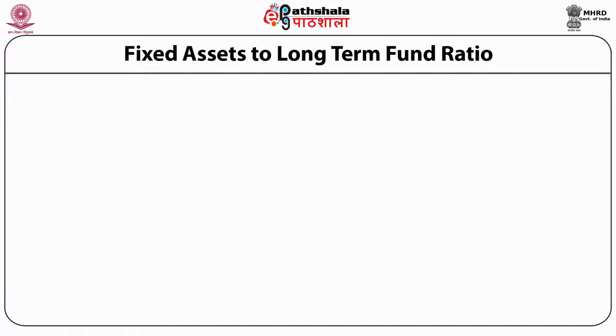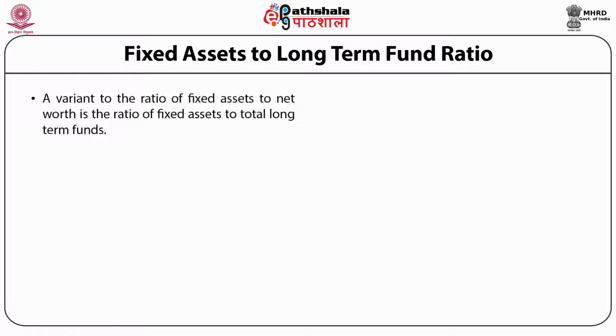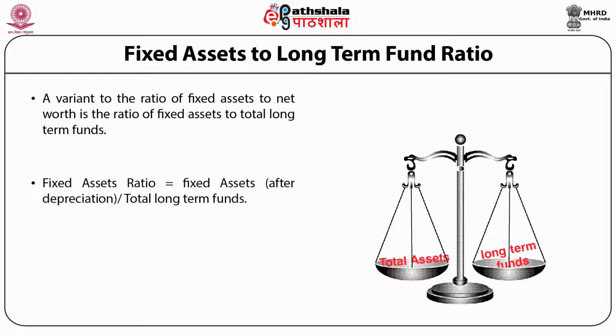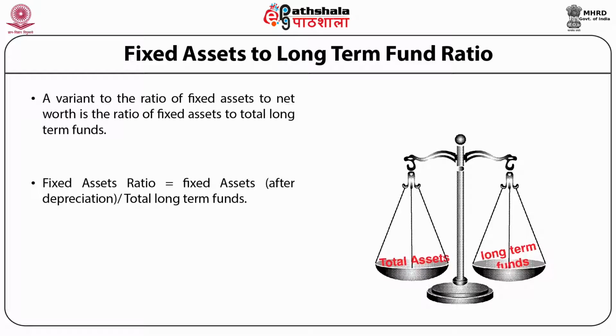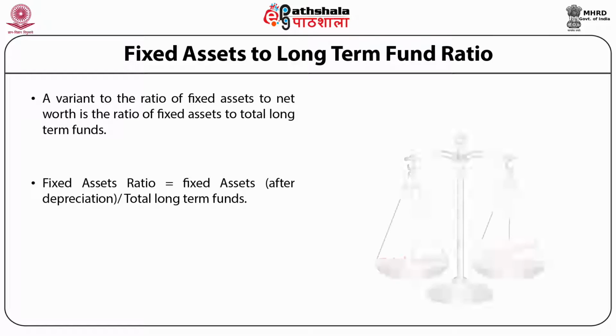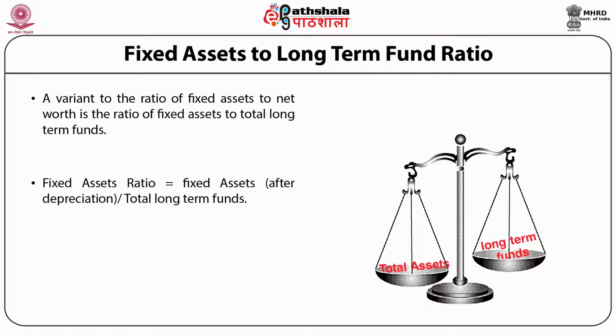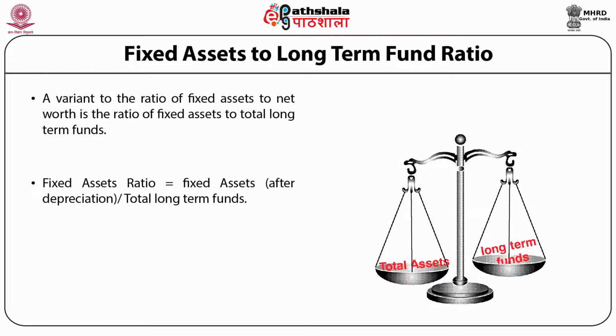Next ratio is fixed assets to long-term fund ratio. A variant to the ratio of fixed assets to net worth is the ratio of fixed assets to total long-term funds. Fixed asset ratio can be calculated by dividing fixed assets taken after depreciation by total long-term funds.